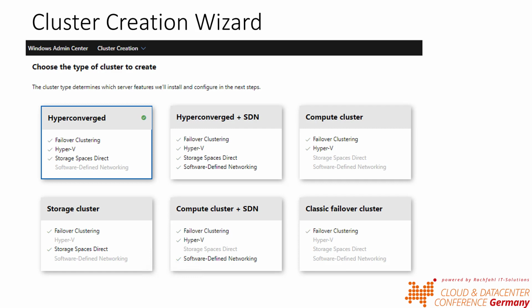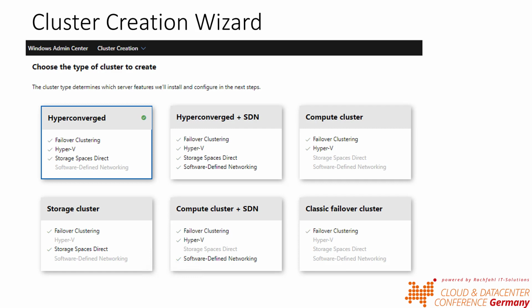When we start, we now have 6 scenarios. You find them here on the screen. We have, of course, the hyperconverged scenario where we can create a failover cluster with Hyper-V and Storage Spaces Direct. We can also create a hyperconverged scenario with software-defined networking. That's not the topic of the talk, but you can do that.